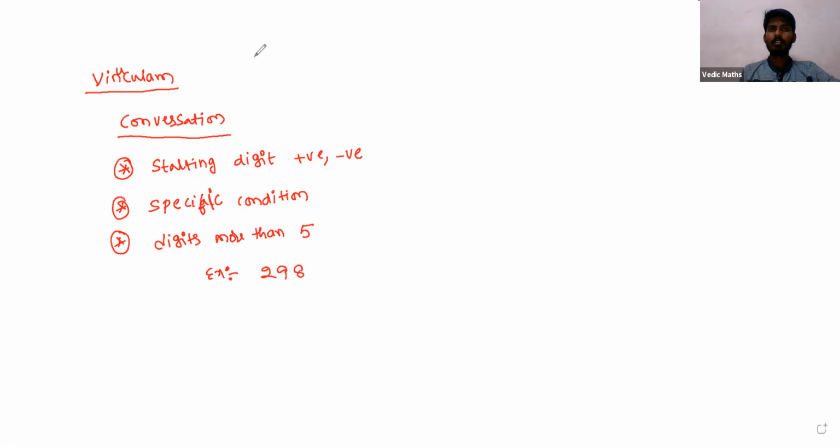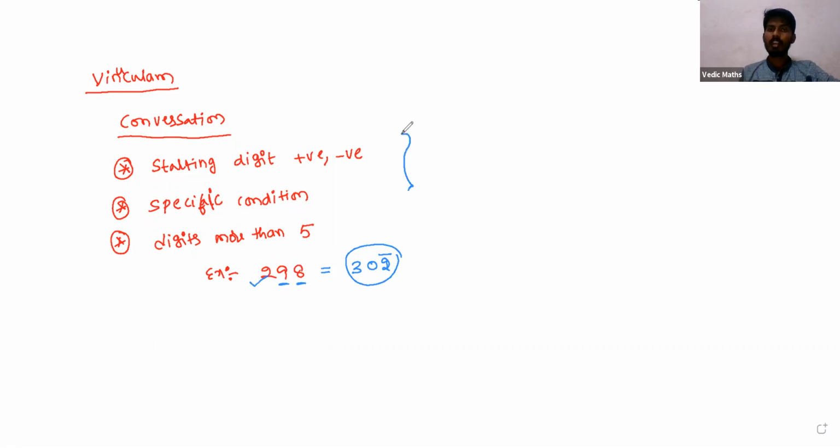In this number, you can see the digits are more than 5. So we are converting this number to 302 bar like this. Now you can observe the digits are very small, then we can do the calculation very fast compared with this one.